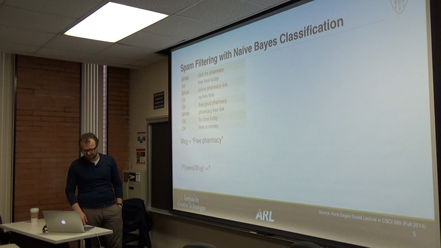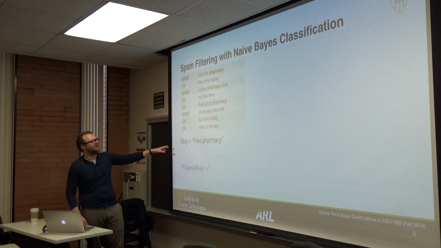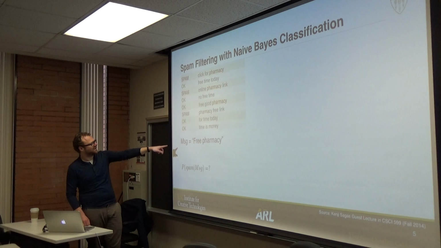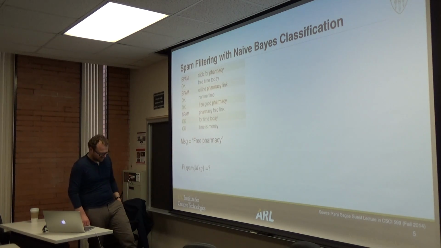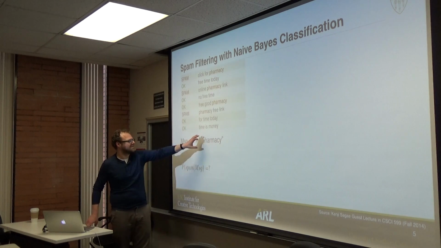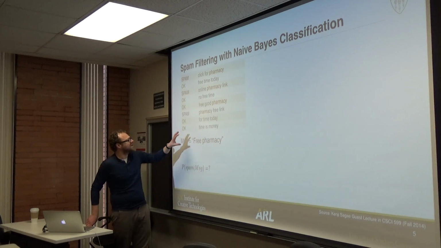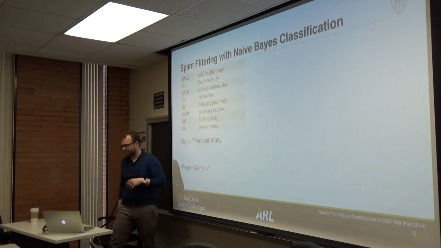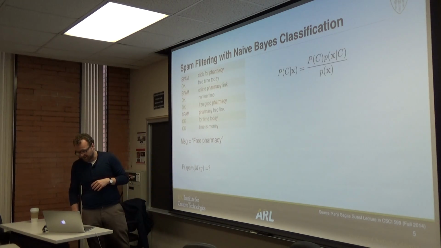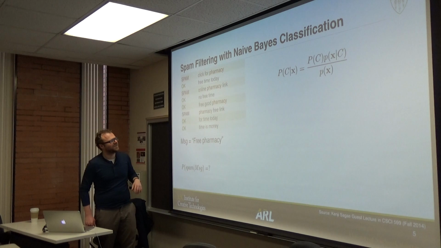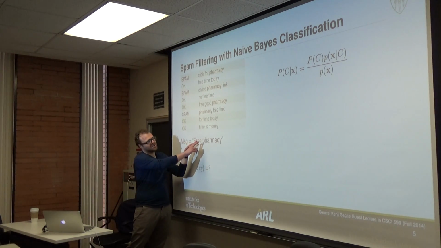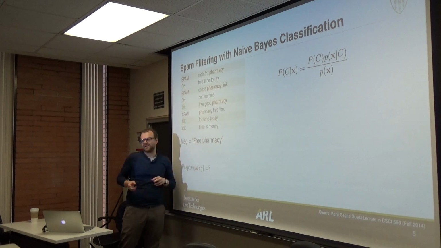We had an example, I think this is a new one, where the new message is "free pharmacy", and this is our X that we observe. We made an additional assumption that in our message each word is independent from each other.